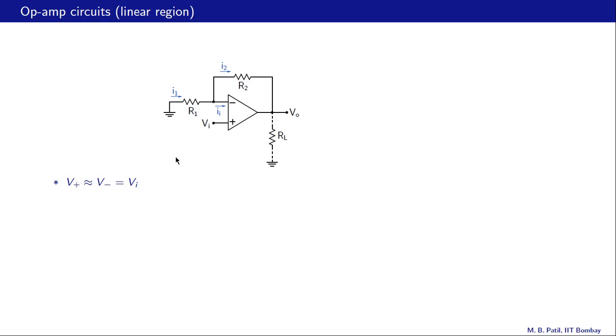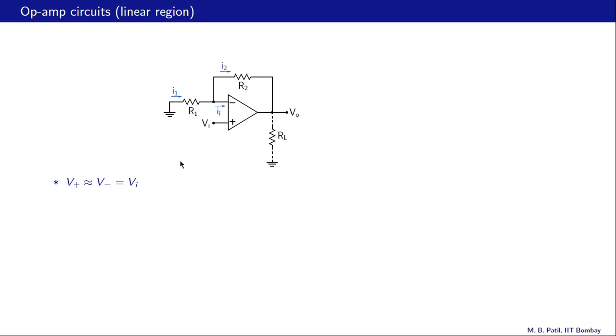Here is another very commonly used circuit in which the op amp operates in the linear region. The input is connected to the non-inverting op amp input, and let us see how this works.